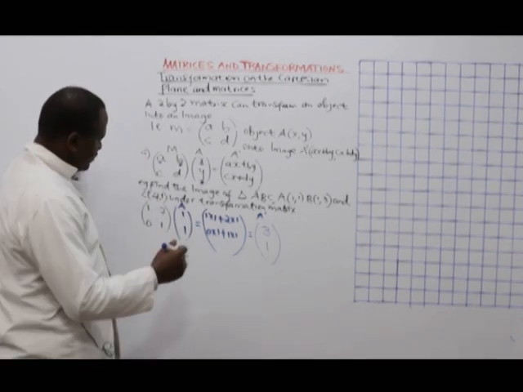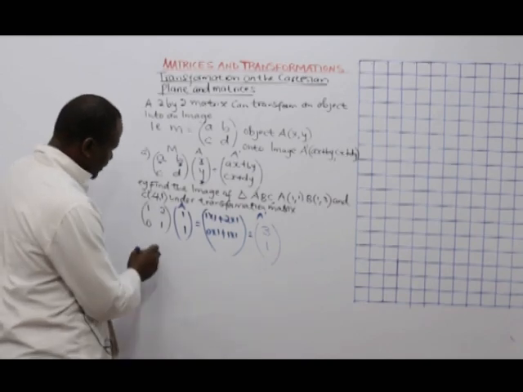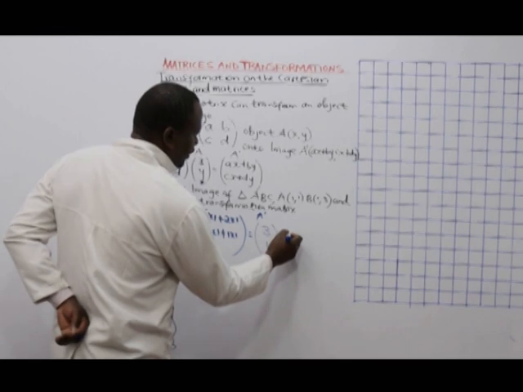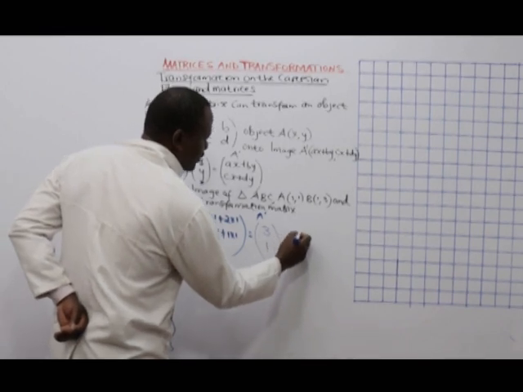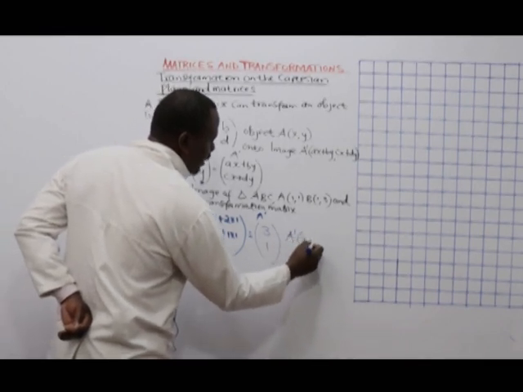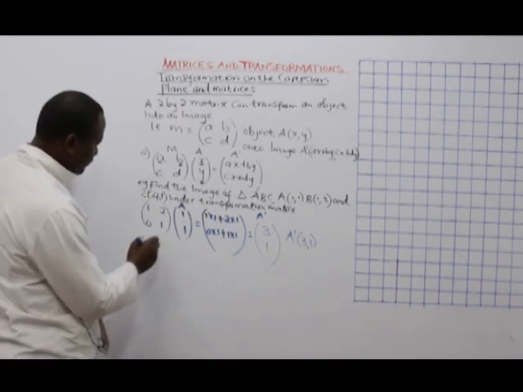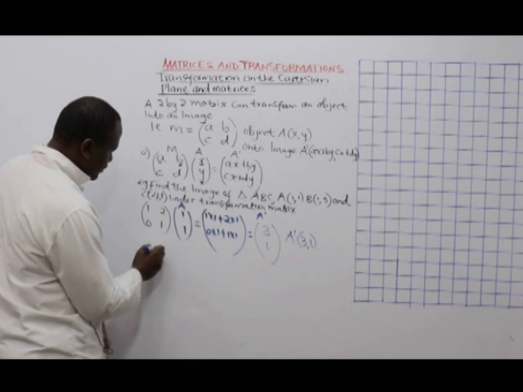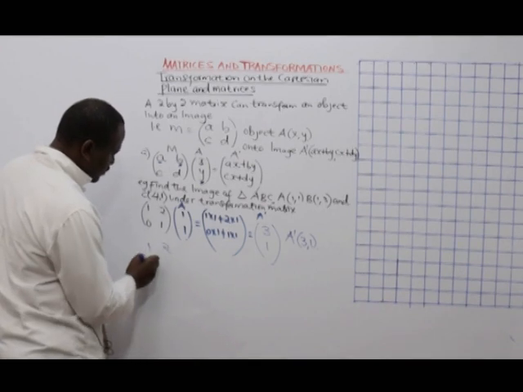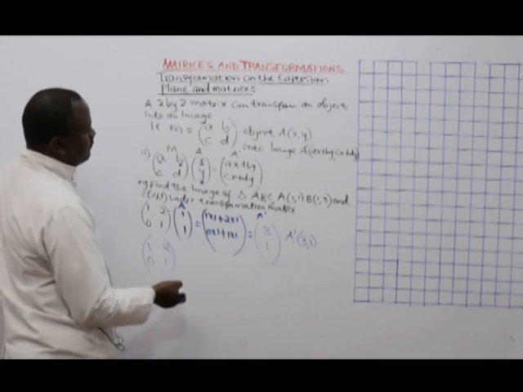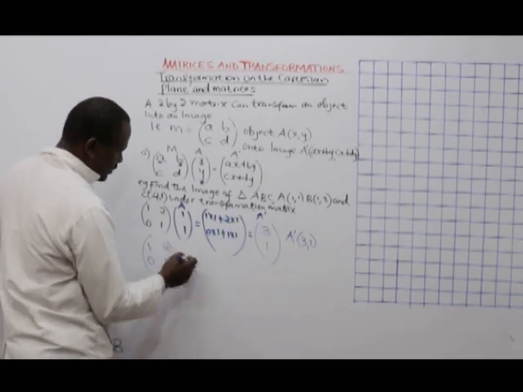Now, what about B? We do the same. We write here. So the image of A is written as (3, 1). We do the same with B. The matrix 1, 2, 0, 1. B is (1, 3).